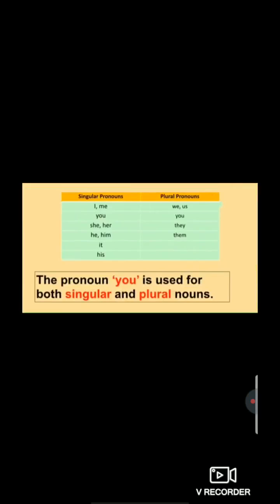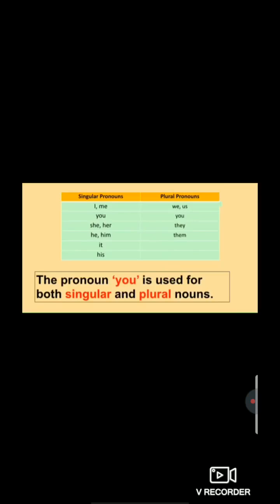Students, as I explained to you, singular pronouns and plural pronouns. In the singular pronouns, the words are I, me, you, she, her, he, him, it, his. And in plural pronouns, the words are we, us, you, they, them.